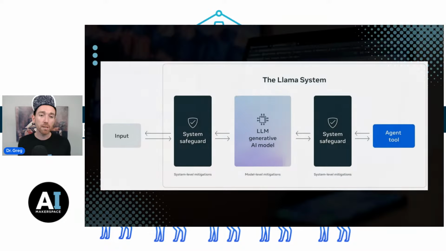More generally, we want to think about putting system safeguards, or putting these shields, as it were, on the front and on the back of our LLM. And of course, as we start engaging with ever more complex applications that aren't just a single LLM in and out, in fact they might be many LLMs with multiple agents talking to each other, we want to make sure that system safeguards exist at each layer of the stack, or at each part of the trace that we're most interested in constraining and putting on rails, so to speak.